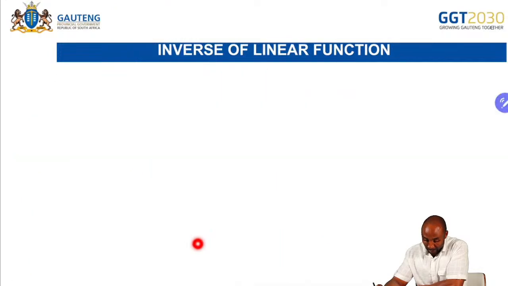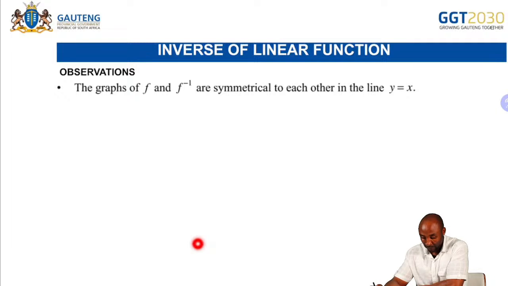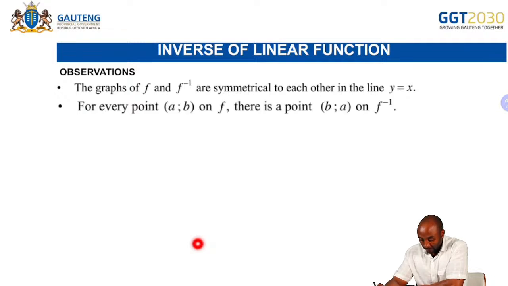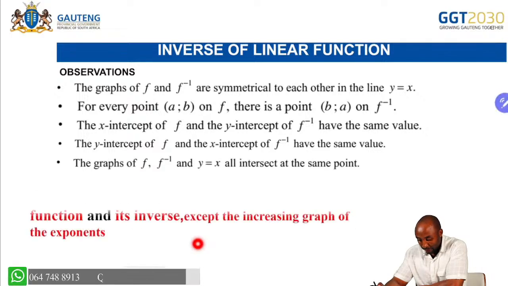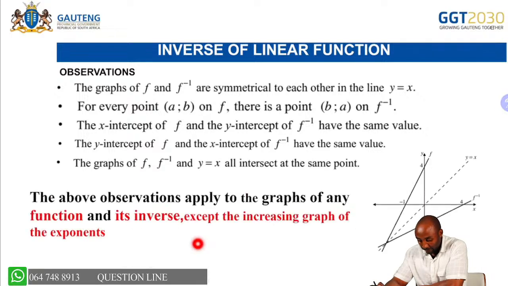Now, let's look at the inverse, the observations that we had. If you check the two graphs, we had the coordinates there.